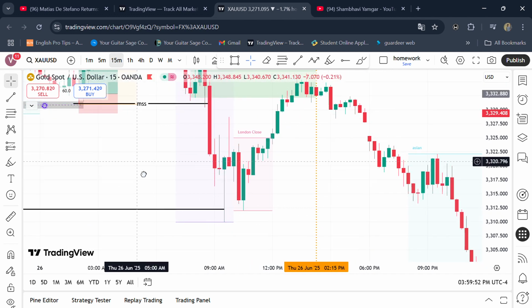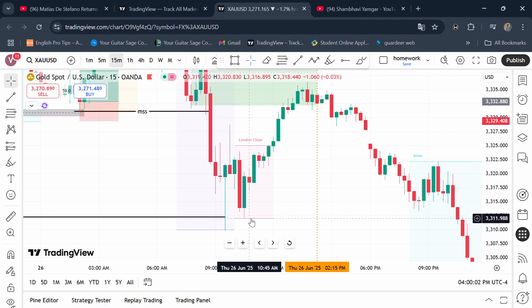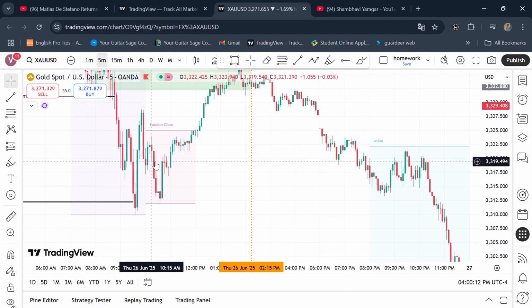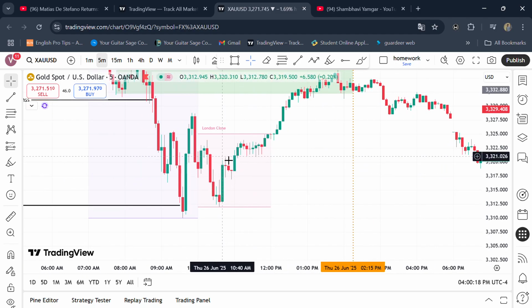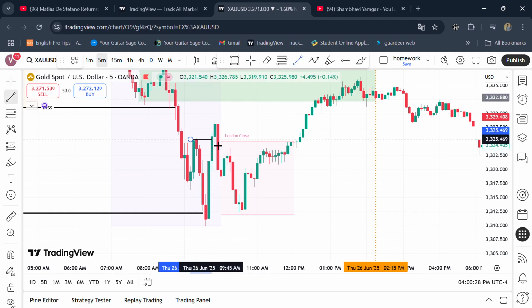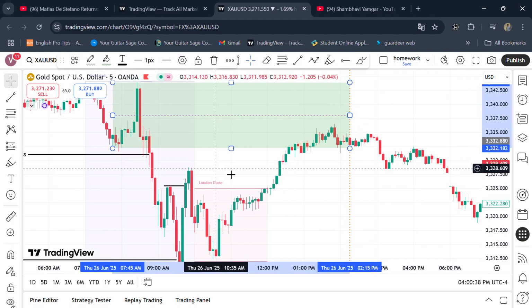You'll see the liquidity is taken, the FVG is filled a little, then price comes down again, makes a turtle soup kind of a thing, and then, if we go on 5 minute time frame, you will see the price has already created a market structure shift here, confirming that price is confirming our hypothesis that it will go till this green order block.